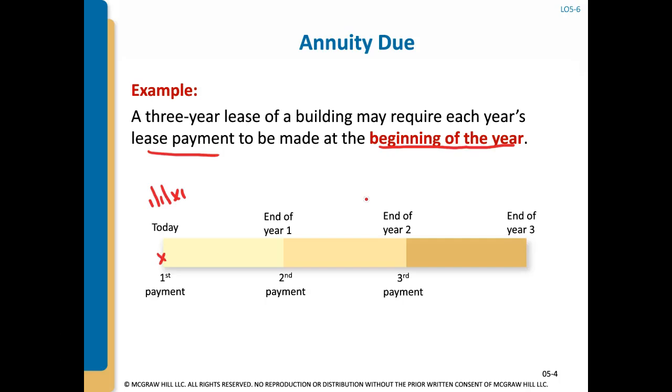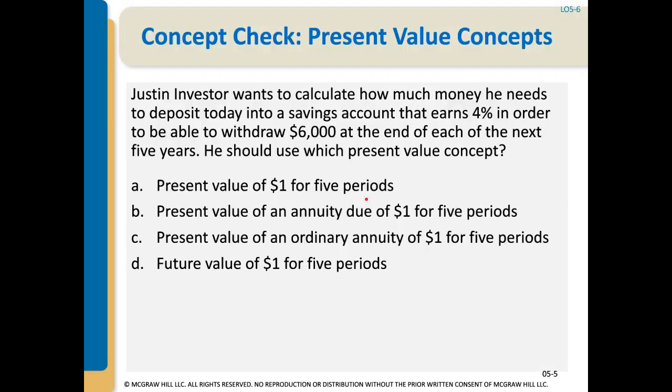We make our first payment today, our second payment on 1/1/X2 or 12/31/X1, doesn't matter, and then 1/1/X3 we make our third payment, but our lease is for the entire 3 years. So we still get to lease the building for 3 years, but our last payment was right here.